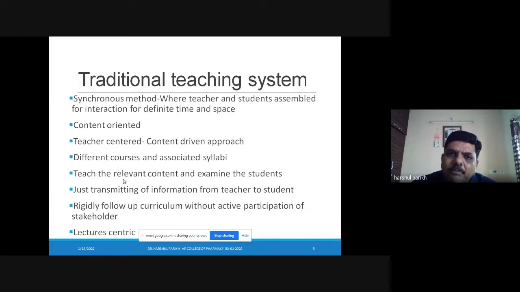Presently, we are all employing a traditional teaching system combined with somewhat multimedia kind of teaching.